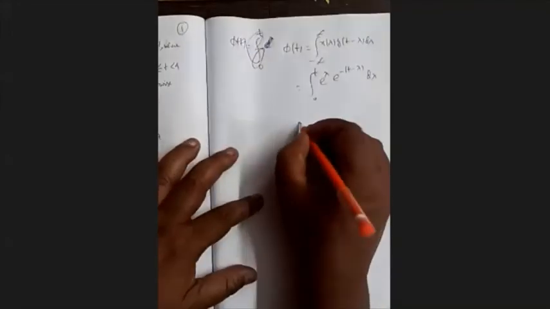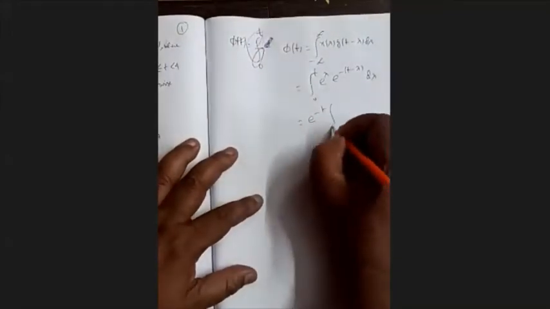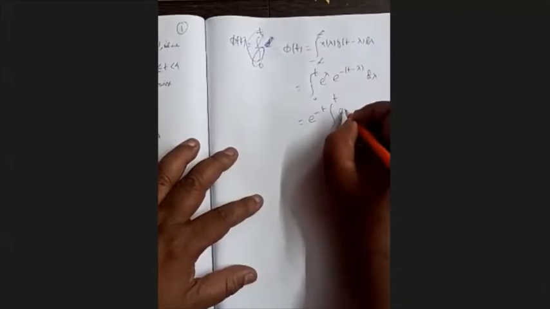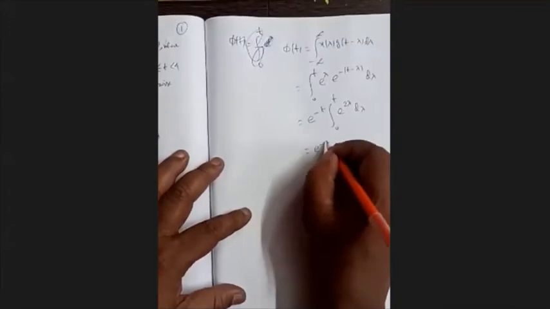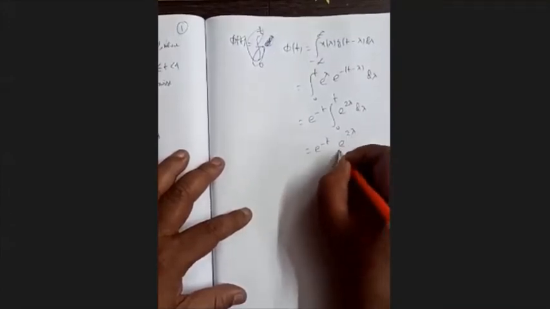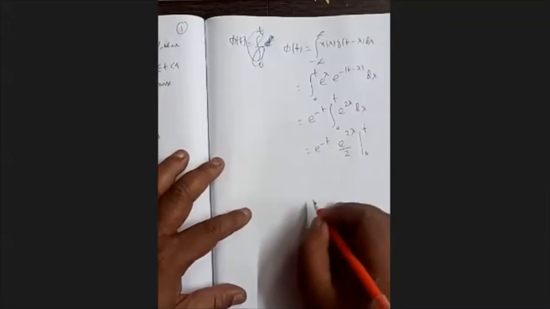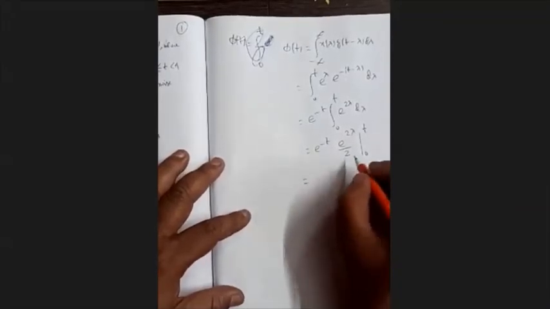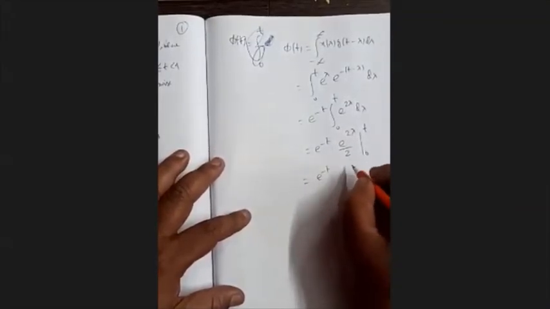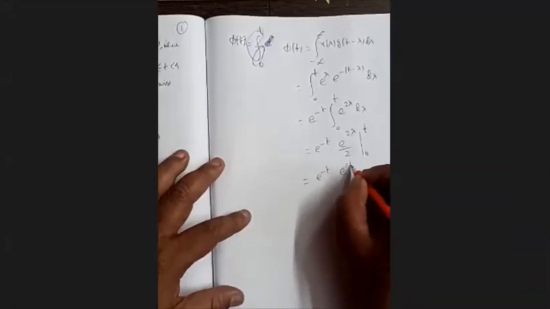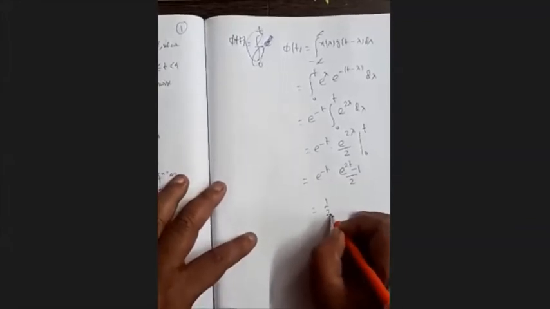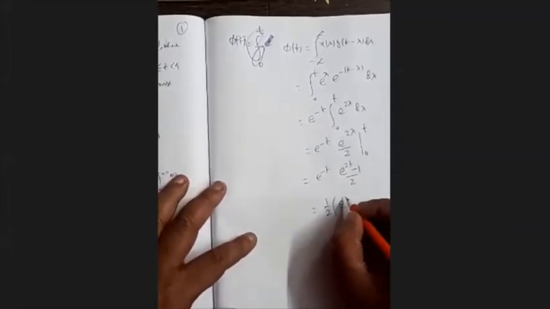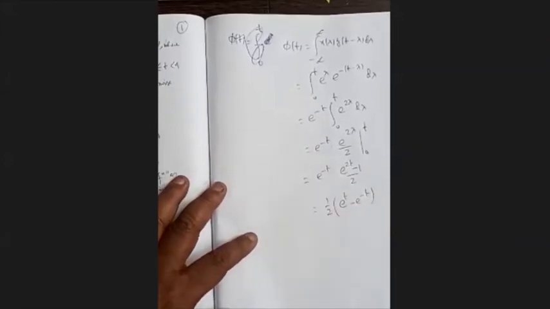Now here we can put e to the power minus t outside. So it will be e to the power 2 lambda d lambda, a simple integration from 0 to t. So we can write it as e to the power minus t times e to the power 2t minus 1, or half of e to the power t minus e to the power minus t.